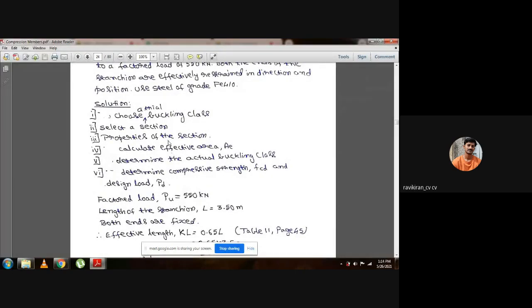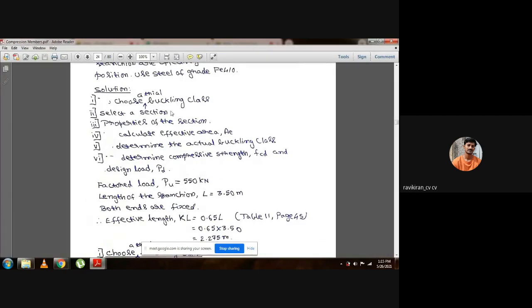So what are the steps we need to follow? Initially, we need to choose a trial buckling class, that is trial section, or class, in which case XX plane or YY plane, in which buckling class we should select, and based on that we should select a section.